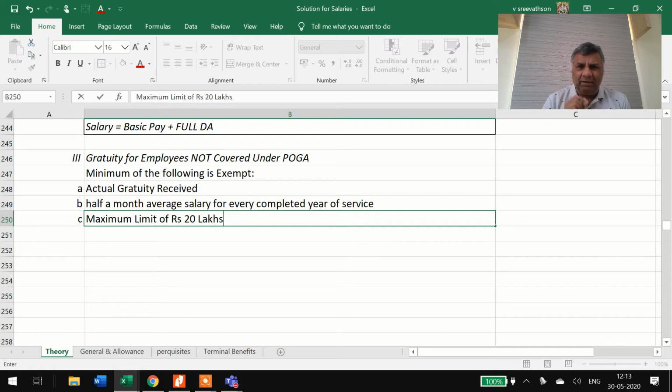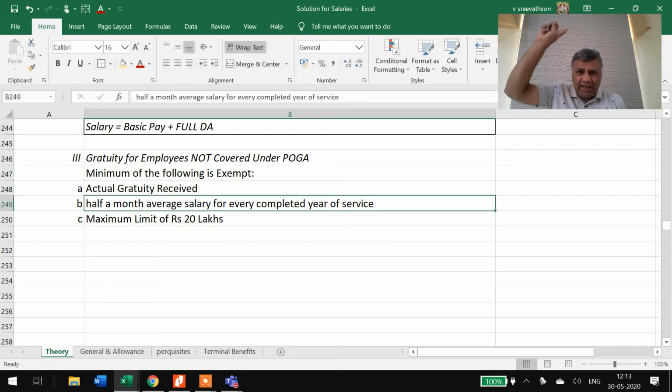On an apparent reading, the second will look like what we have already done as covered under POGA. But when we look at the formula, it is very different.